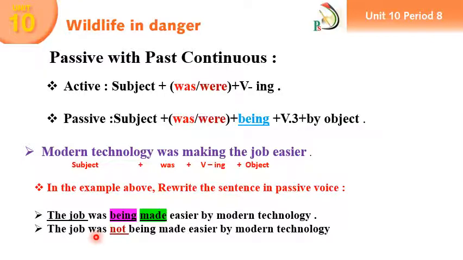Yes, the job was not being made easier by modern technology, with the word not added after the auxiliary. Was not being.